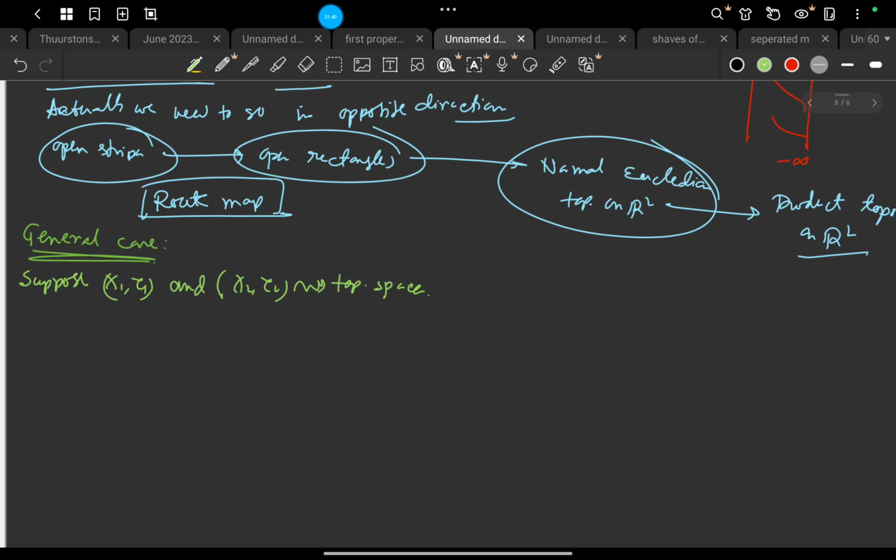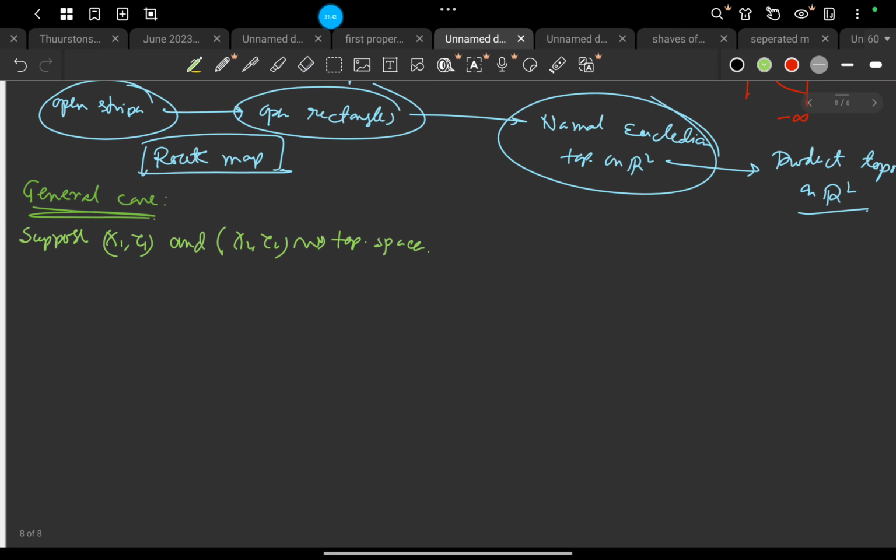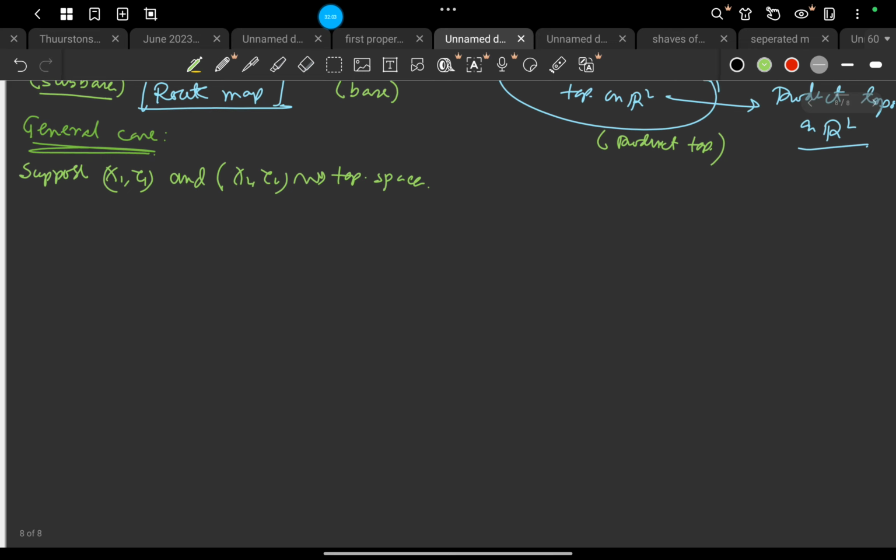Open stripes are basically the prototype of the subbasis, open rectangles are the prototype of the basis, and this is the prototype of the product topology. So first we need to construct the subbasis.